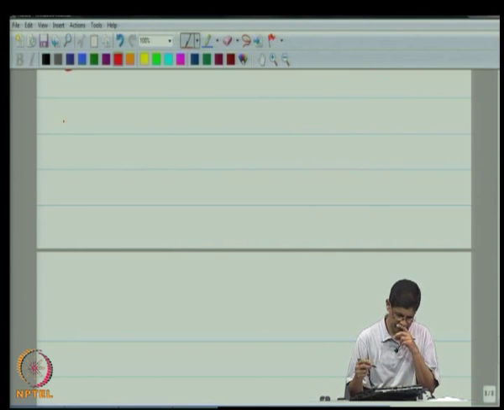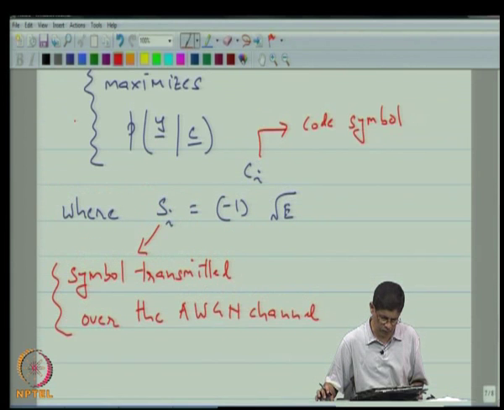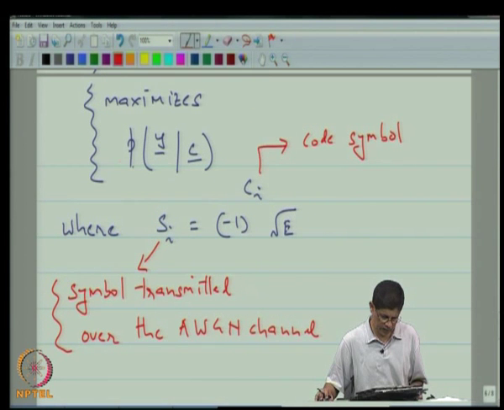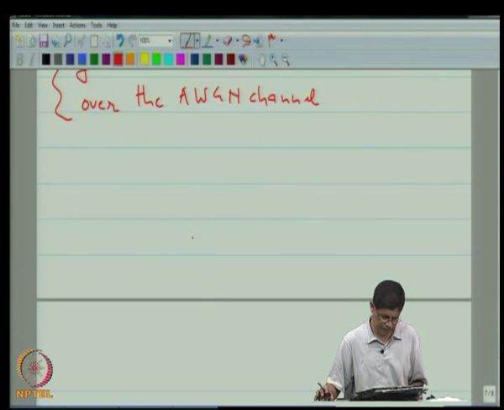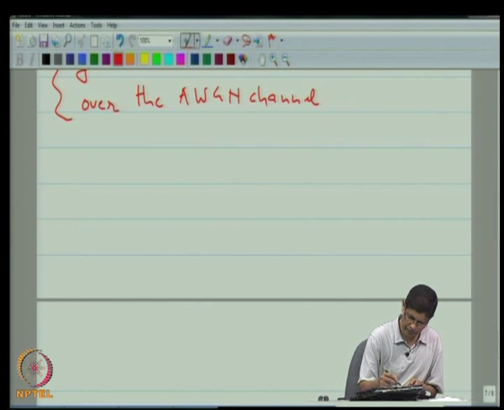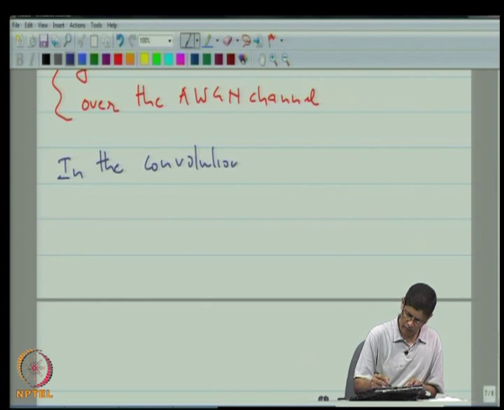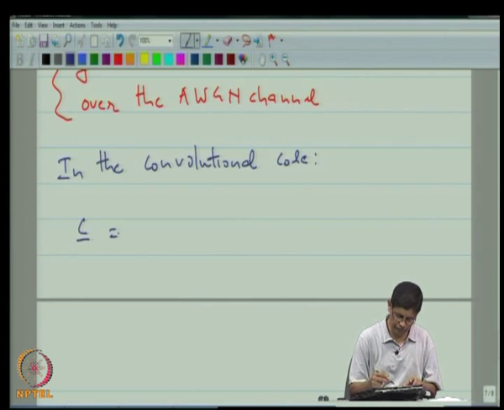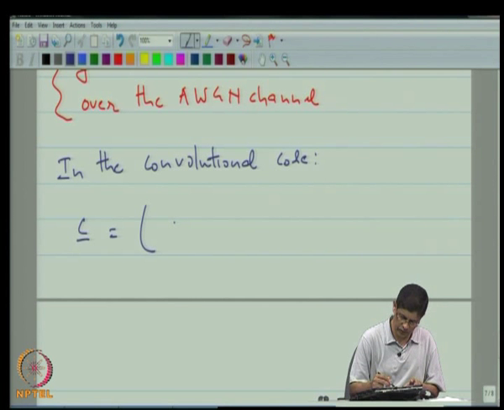Now, in the case of a convolutional code, your C, your code word, is really the collection of vectors.